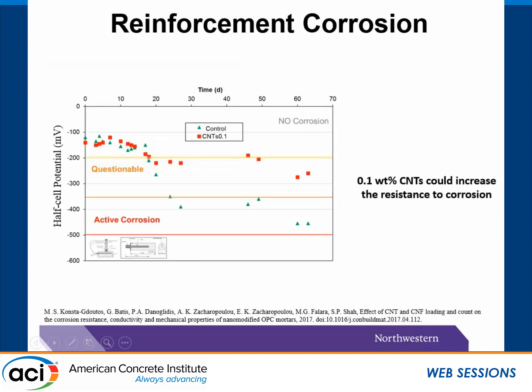The steel in the control sample is corroded around 20 days when the potential reaches 350 millivolts, while the potential remains below 350 millivolts for mortar samples with CNTs in 70 days, indicating no active corrosion for the steel rebar in the sample. The result proves CNT is able to increase the resistance to corrosion.